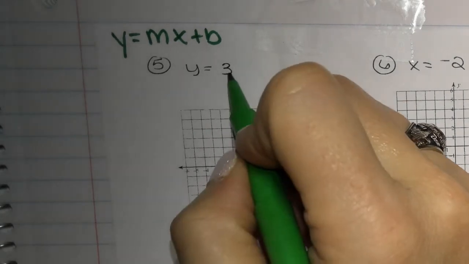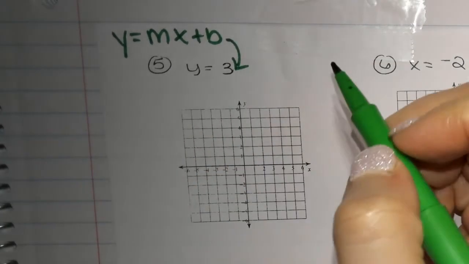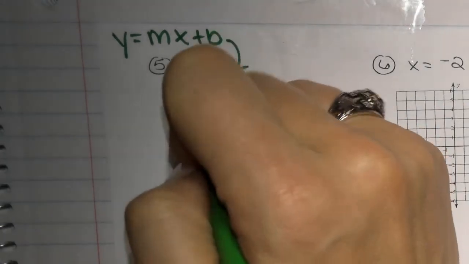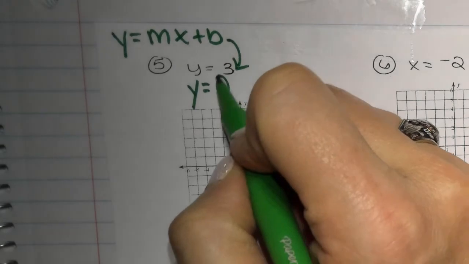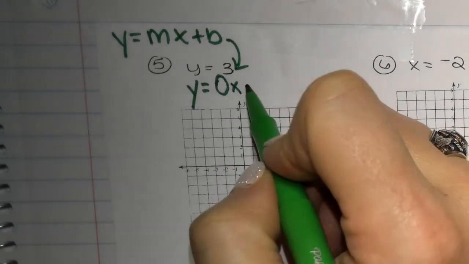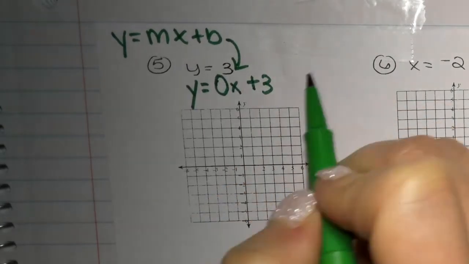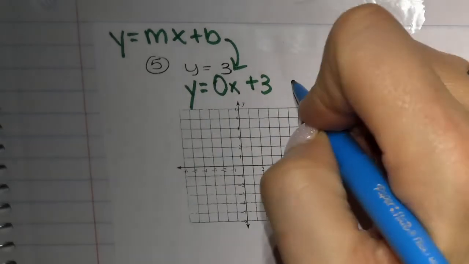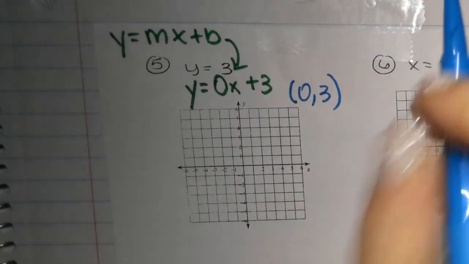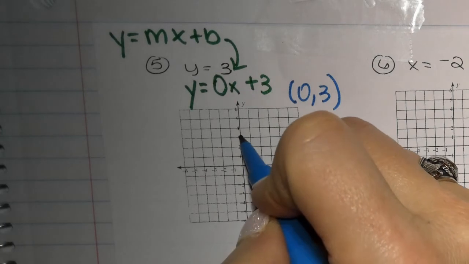So this has to be the b. So we could rewrite this. Since there's no m, we're going to put 0 for the m. We're going to rewrite that to say 0x plus 3. So now we could go ahead and put a dot at 0, 3, where our y-intercept is.